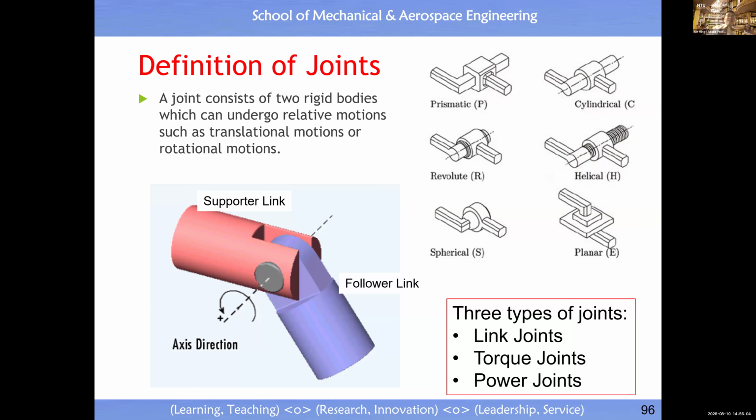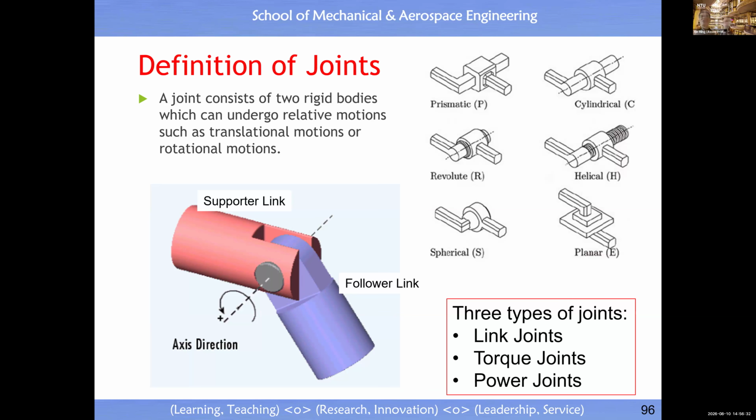So here I split the robotic joint into 3 types: a link joint, a torque joint, and a power joint. This will help you better understand the control system of a robot. Otherwise, you will see a discrepancy between the description of the design of a robot mechanical system and the design of a robot control system.